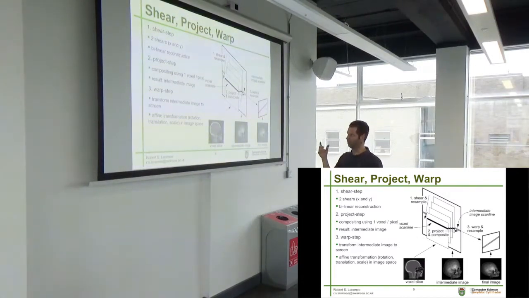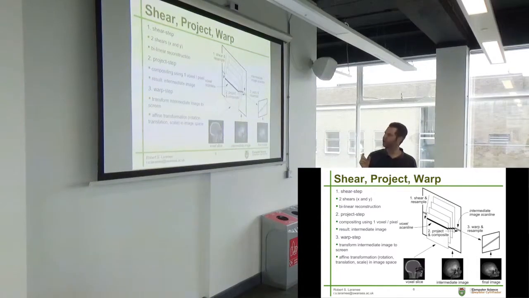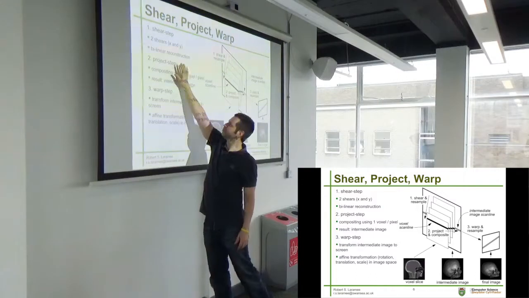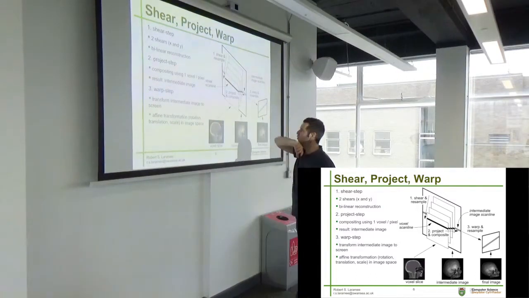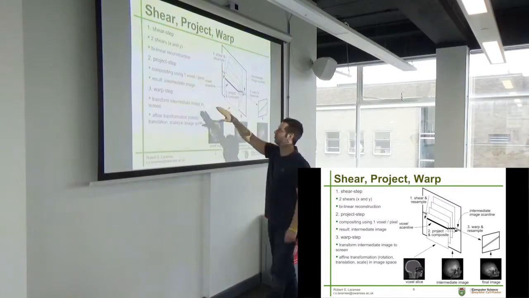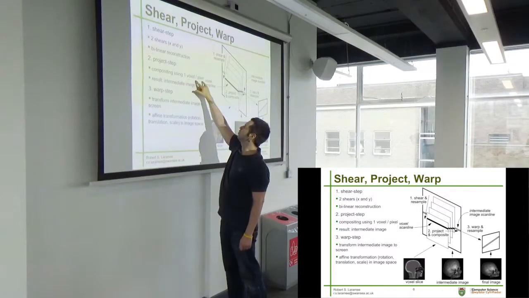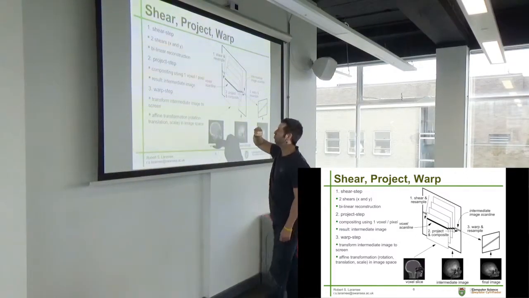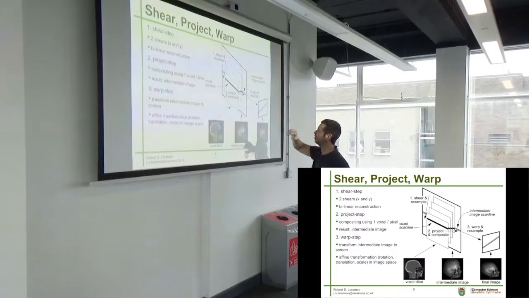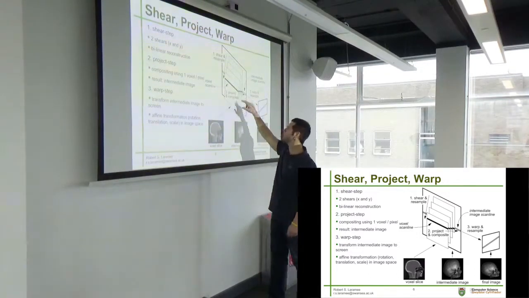If you think about the Viz pipeline, by the way, that's the same projection step from 3D to 2D as in the Viz pipeline and the volume visualization pipeline. So that is the same thing, so to speak, the projection step. It's compositing based on this principle of one voxel per pixel ratio, along a voxel scan line, so to speak.